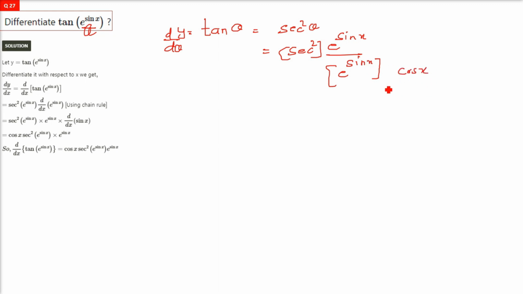Now sin x. What is the differentiation of sin x? It is cos x. So what we got? The first one was sec square e to the power sin x. The second was e to the power sin x, and third was cos x. So in 3 steps we employed the chain rule, and this is your final answer, right? So you have to go till the limit.